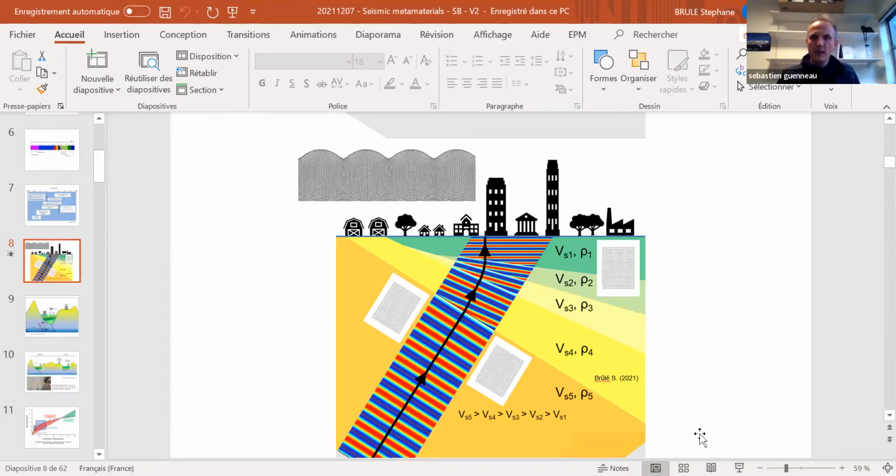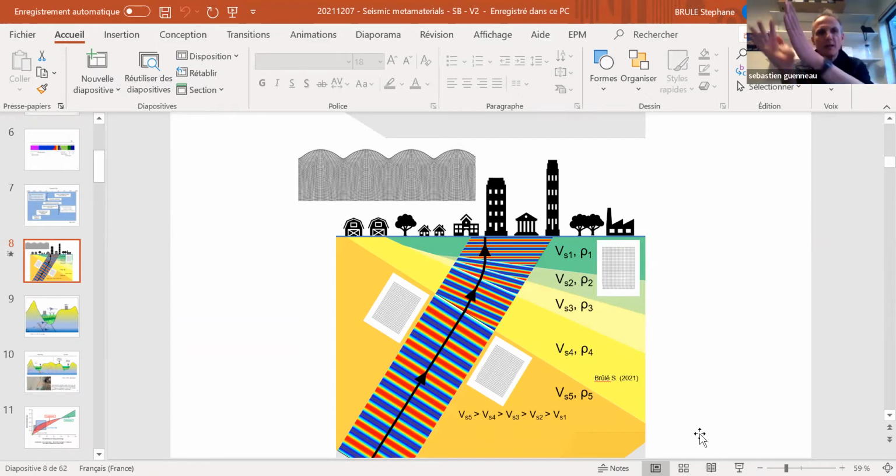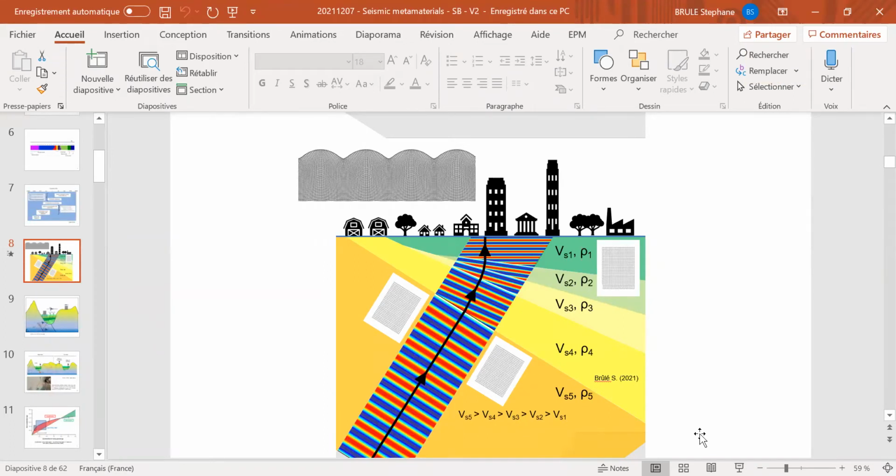No, but I think it's really a great idea, because essentially what you're saying is that these layers act as some kind of bent waveguide. Yes, the pattern of the layers can contribute to a waveguide.